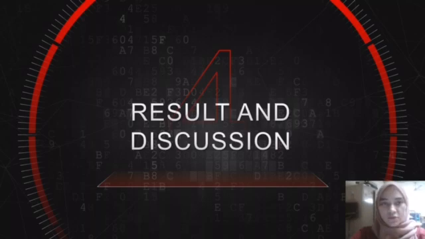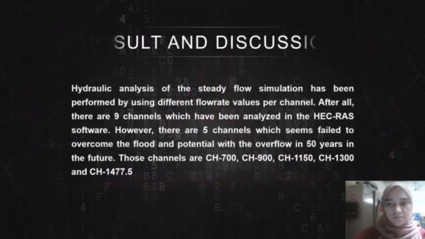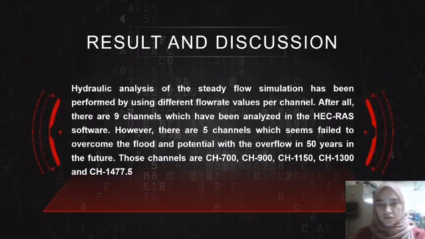Next, I will present about the results. After we analyze those 9 channels, there are 5 channels which seem to fail to overcome the flood and have the potential to overflow in 50 years in the future.